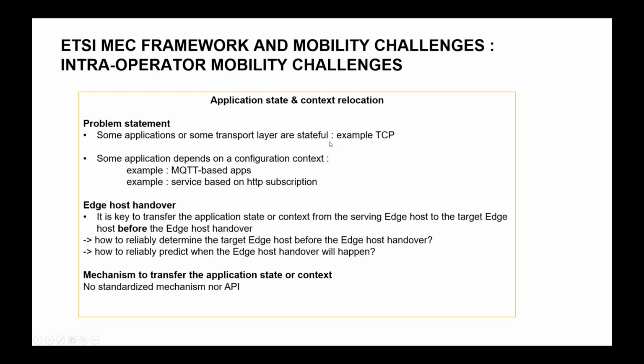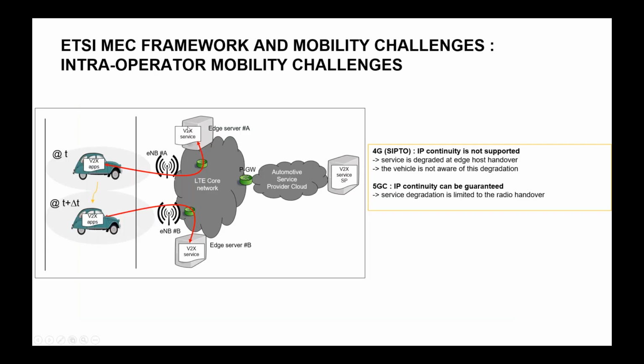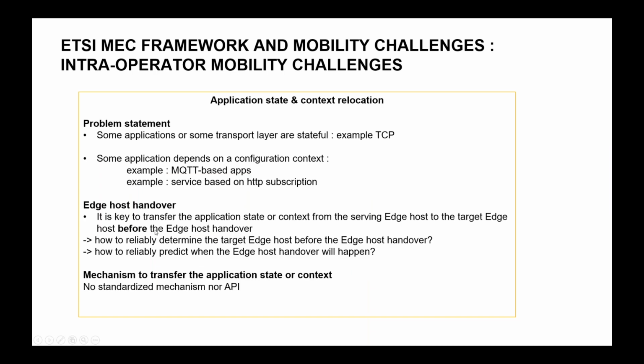That means that the execution at time t depends on the execution at the previous time. Or some applications depend on the configuration context. So if you move from this coverage to this one, you ideally want to transfer the context of your application from this edge server to this one.